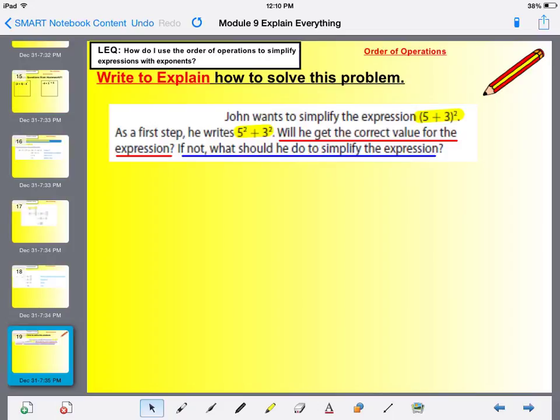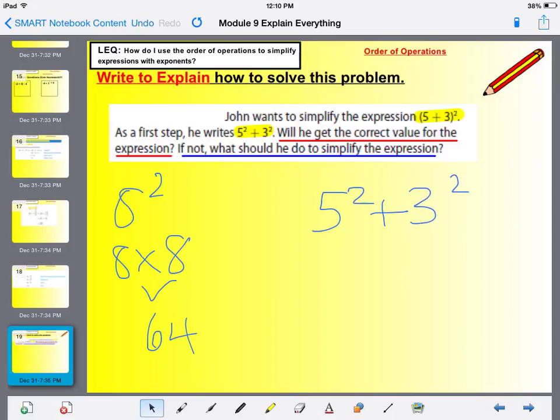Well, the order of operations tells us that we better work what's in the parentheses first. So 5 plus 3 would be 8 squared, and we know that that means 8 times 8, which is 64. What John did is he took the 5, squared that, and then added 3 squared.